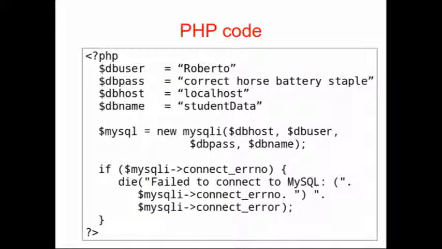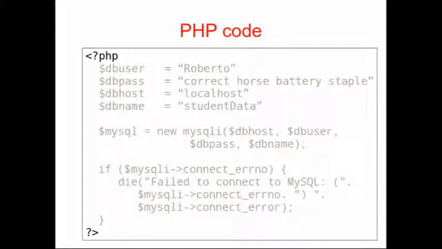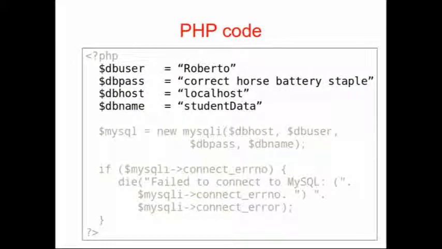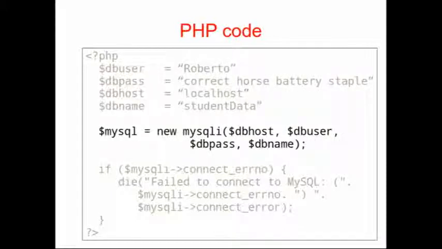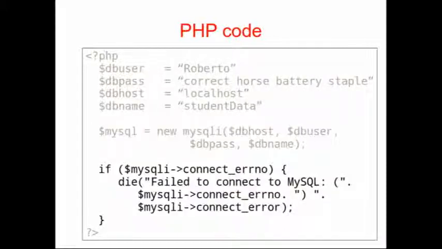So you can put all of that together and have a file which contains the PHP commands, it contains the access information for the database, it connects to the database, and then it reports if there's an error.